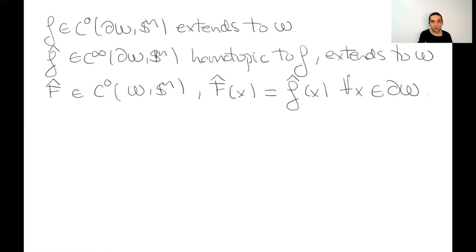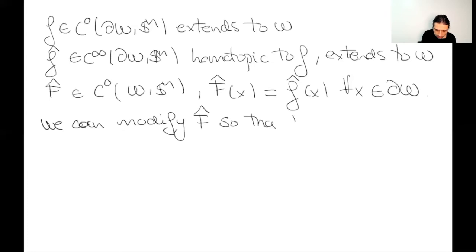Now we can use the usual tricks to obtain another extension of f hat that is C-infinity, okay? That's not very difficult. So we can modify it a little bit so that capital F hat is C-infinity.